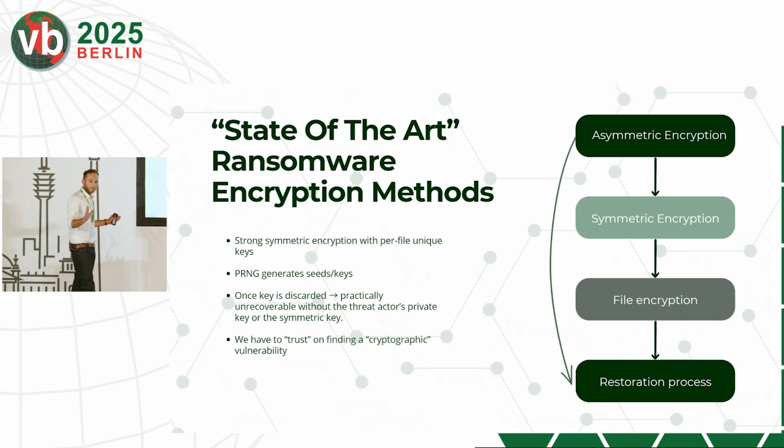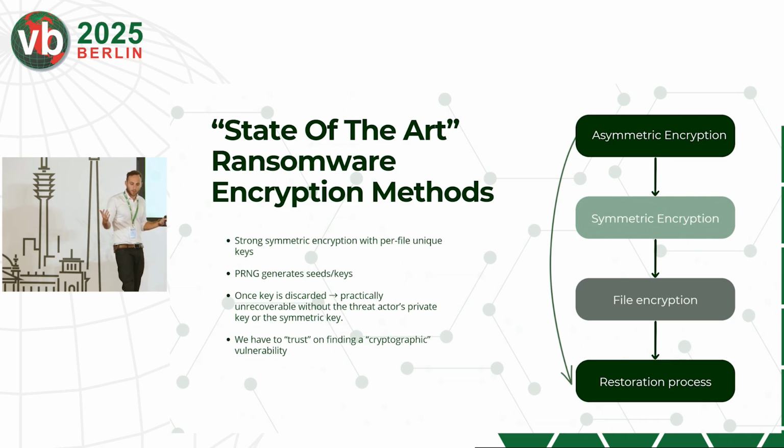And when implementing this algorithm of symmetric encryption to encrypt the file, and then asymmetric to encrypt the symmetric keys, we get basically an algorithm that as responders, as researchers, if done correctly, and with the right implementations of the right cryptography algorithms, we cannot decrypt the keys.